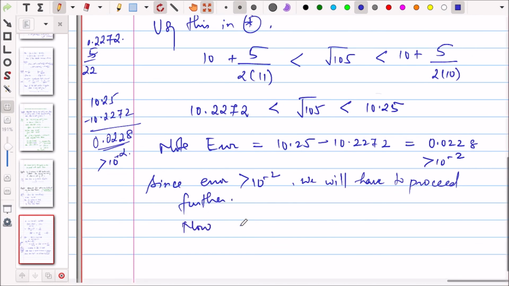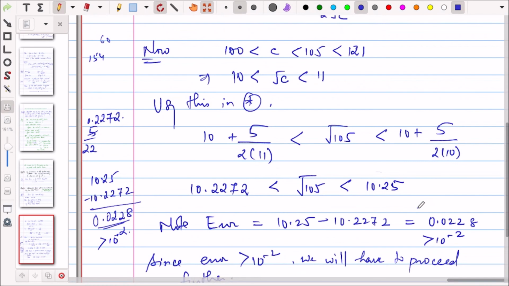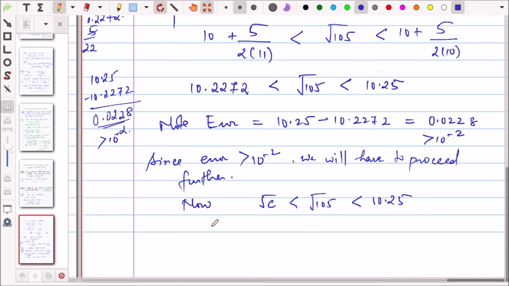Now root c is less than root 105 and this is less than 10.25, so using this in star, ठीक है, इसको तो 10 ही ले लो, 10 is less than root c which is less than, so अब हमने 11 की जगह इसको ले लिया है.